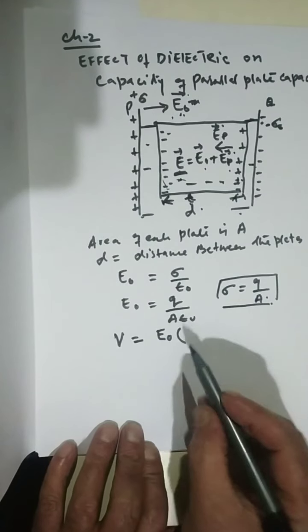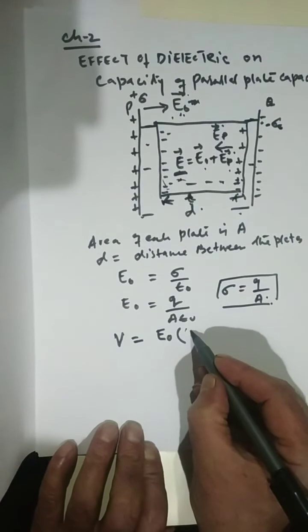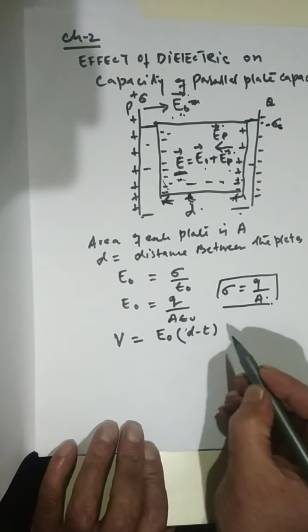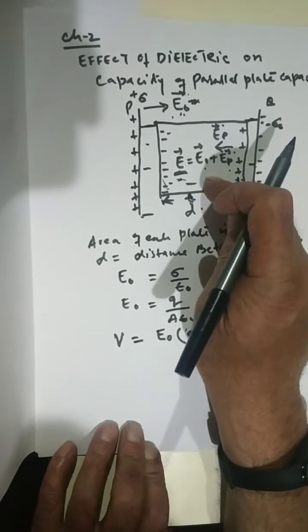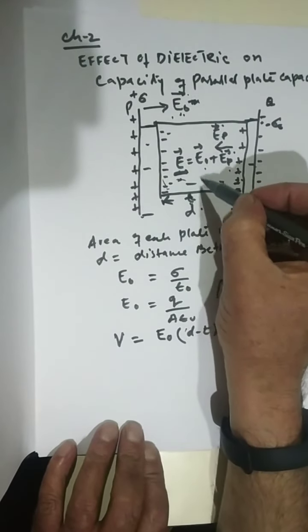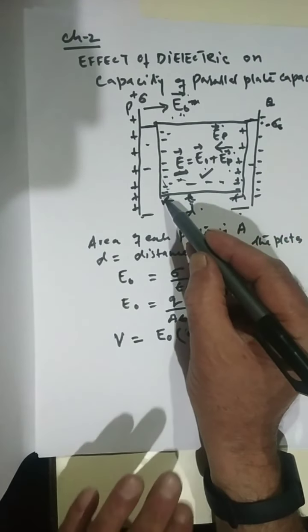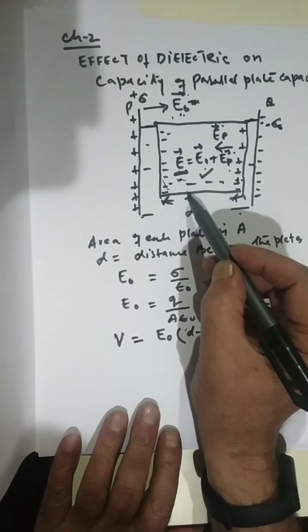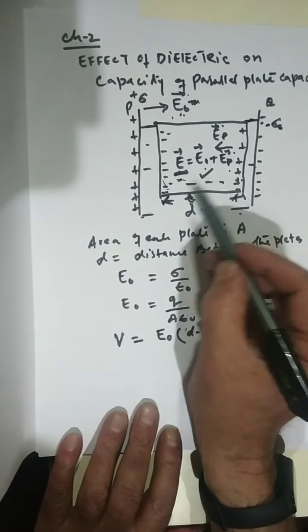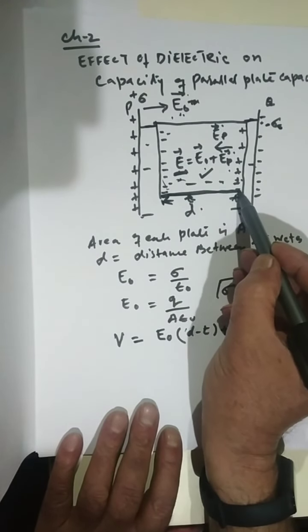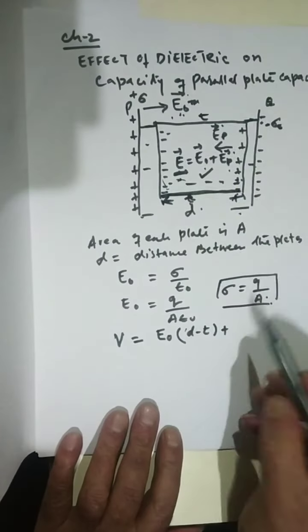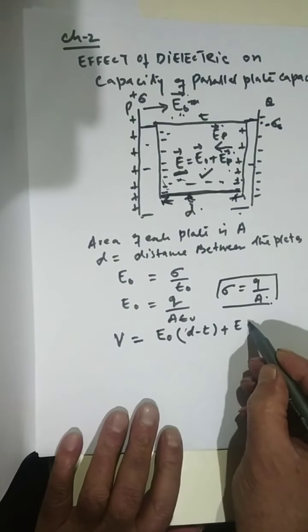So we will get E0 into D minus T plus the potential inside, which will be the field in this dielectric multiplied by the distance in which it acts. It acts in the thickness of the slab, that is T. Okay, so it will be E into T.